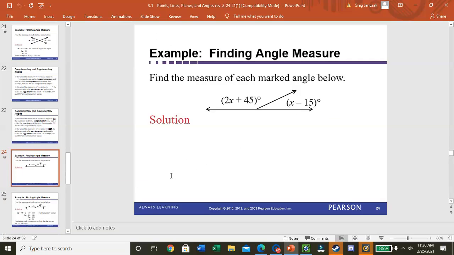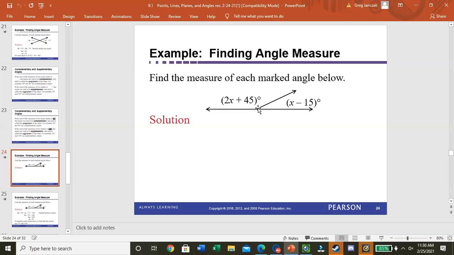Okay, so we've got two angles here, right? Find the measure of each marked angle below. Now notice we have a straight line. So we said a straight angle is how many degrees? So how many degrees is this?